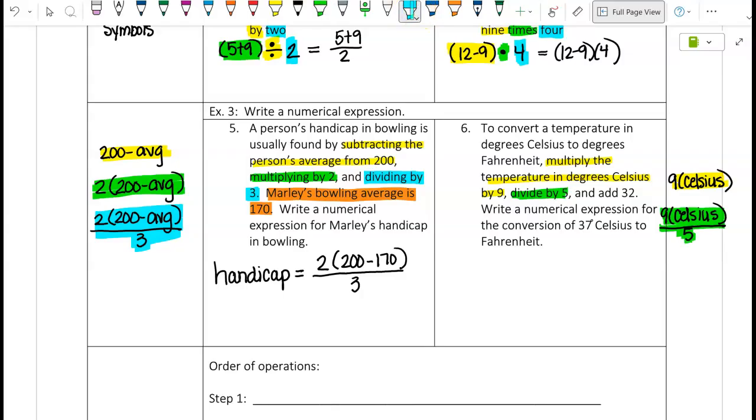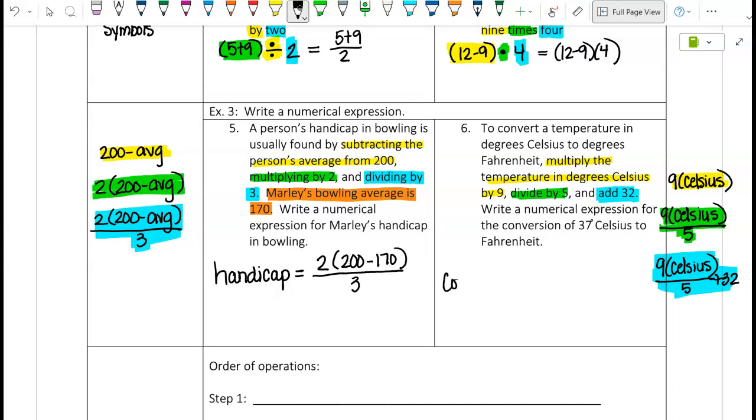And then the last part tells me to add 32 to that. So now I have 9 Celsius divided by 5 plus 32. So now I've built the expression that matches, but it says write a numerical expression for the conversion of 37 degrees Celsius to Fahrenheit. So where I have that word Celsius, I'm going to replace that with the 37.